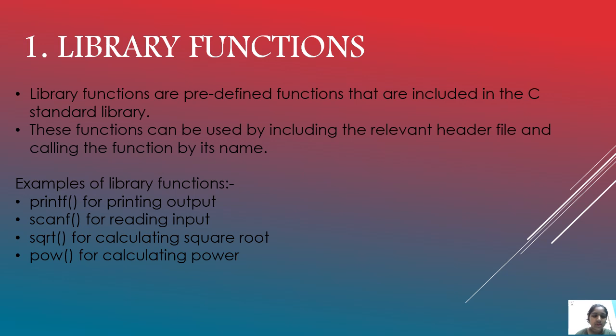These functions can be used by including the relevant header file and calling the function by its name. Examples of library functions: printf for printing output, scanf for reading input, sqrt for calculating square root, pow for calculating power.